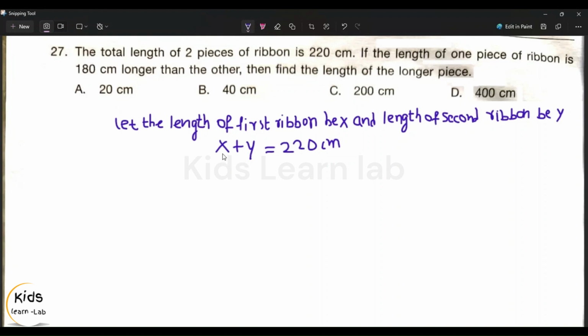We don't know the length of x and we don't know the length of y. One piece of ribbon is 180 centimeters longer than the other, so x is equal to y minus 180. This can be written as x minus y is equal to minus 180.